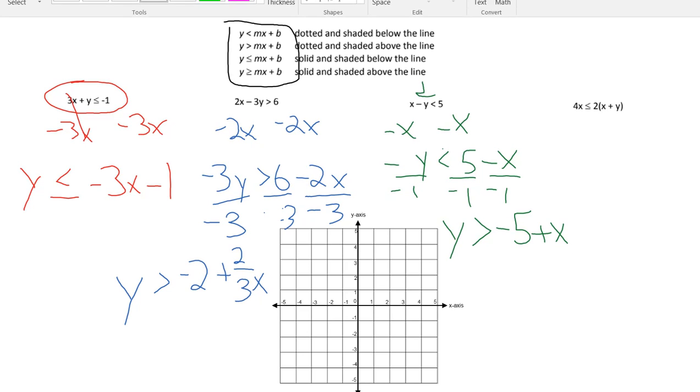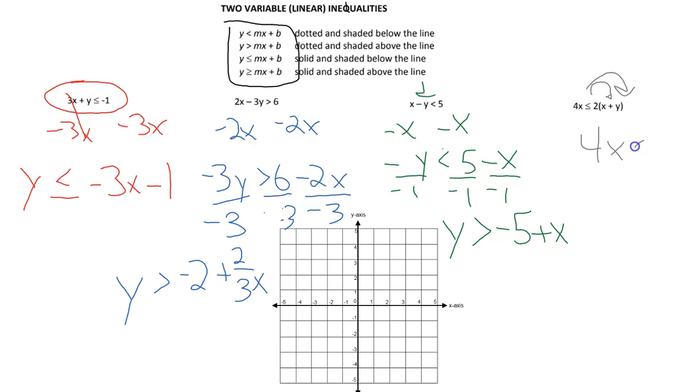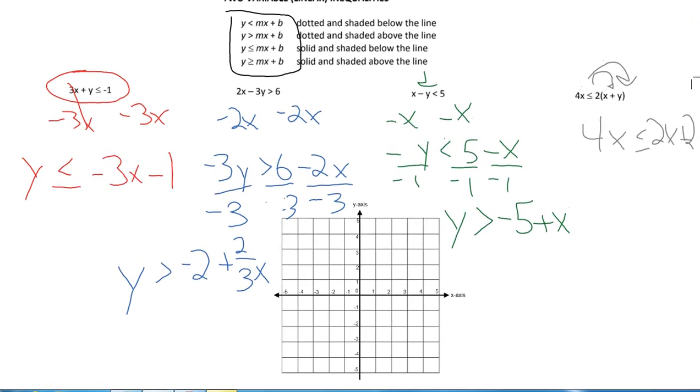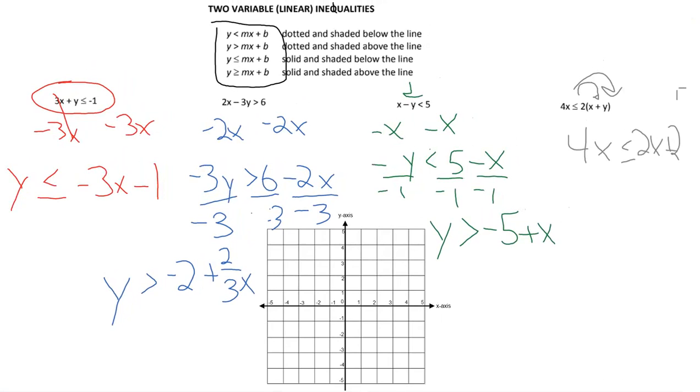I'll do it in a different color. Let's go with gray. So we got to distribute here. 4x is less than or equal to 2x plus 2y. Now I gotta get y alone, so I subtract 2x.